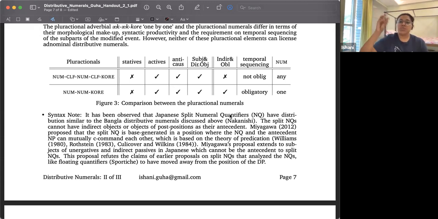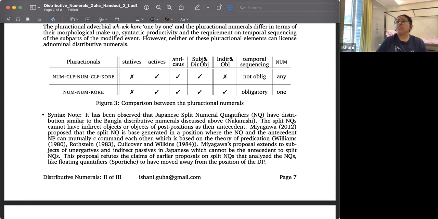It has been observed that when you separate the numeral quantifier from the noun, you can only do so with subjects and direct objects. You cannot do so for indirect objects or oblique objects, the oblique PPs. And there are further properties, further semantic properties, which I will not go into.